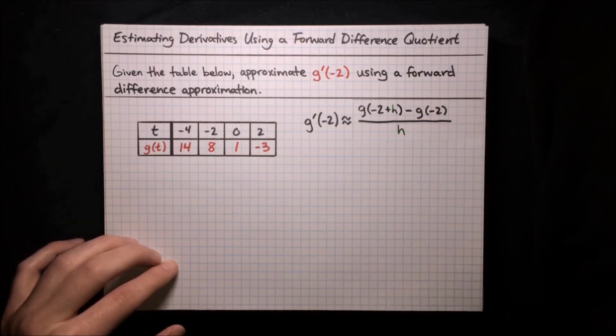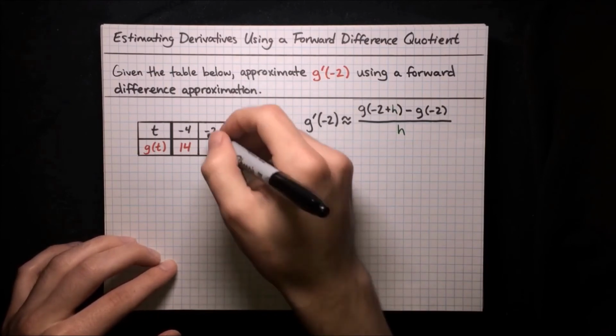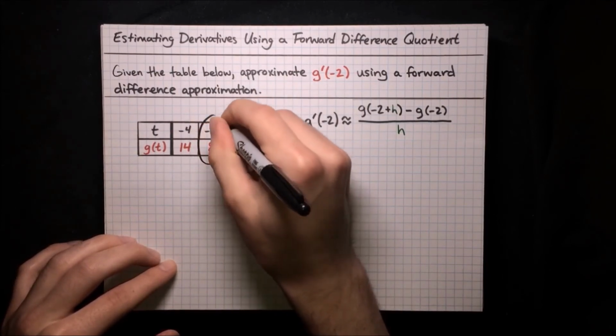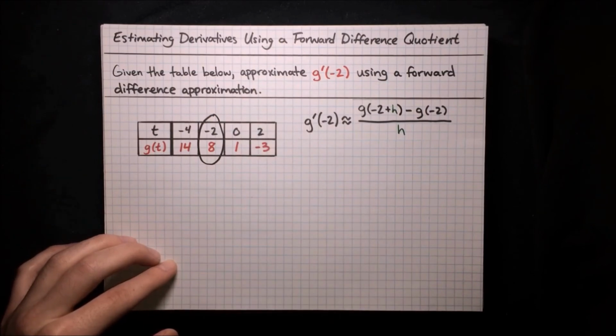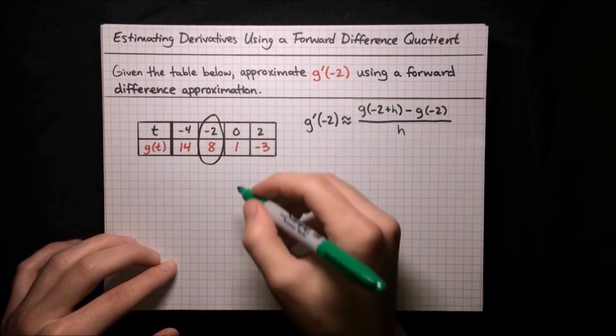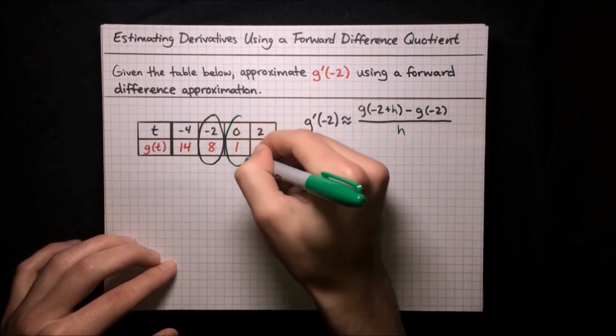Now again, we're going to be using a forward difference approximation, which means we want h to be greater than 0. We want to be stepping forward to the right to the positive t direction by as small a step as we can. So looking at our table here, let's first look where t is negative 2. Well, that's right over here. And what is the smallest step to the right to the positive direction that we can make? Well, it's just the next column right over here.